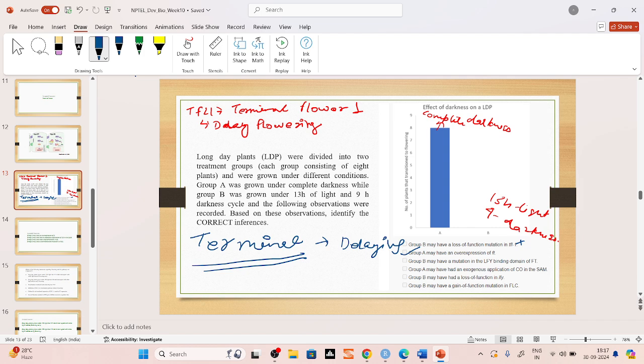So, if there is a mutation in the LFY binding domain, what would happen? It would disrupt this interaction, which will prevent flowering even under the appropriate conditions.